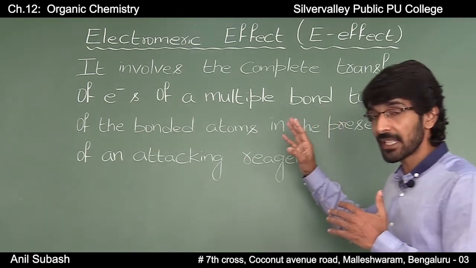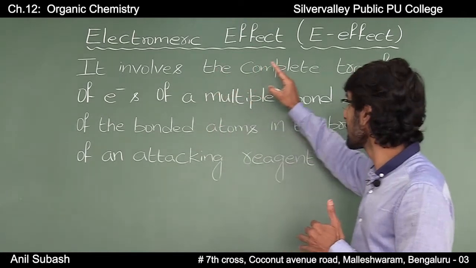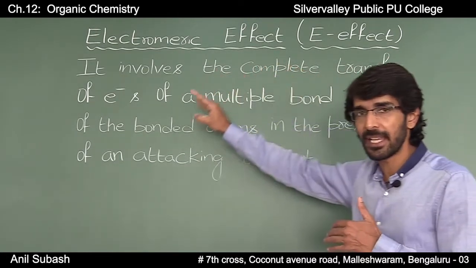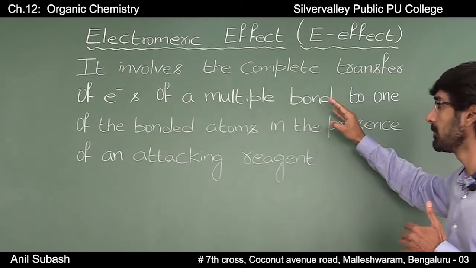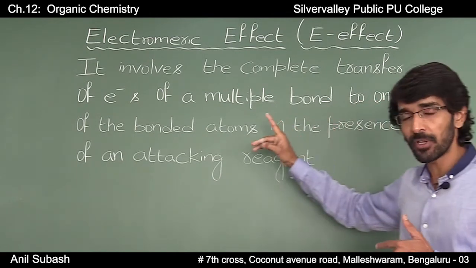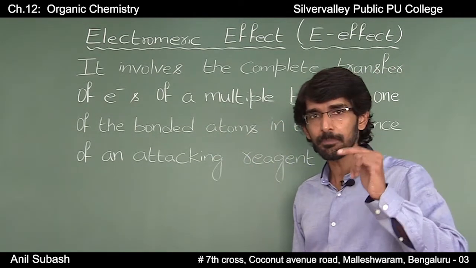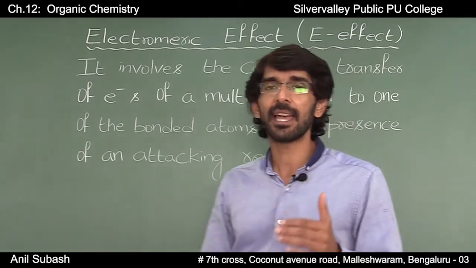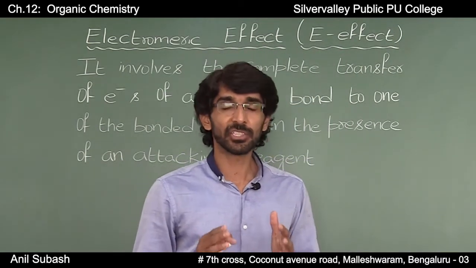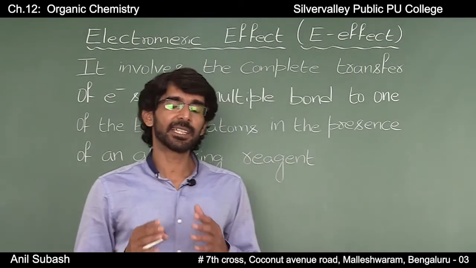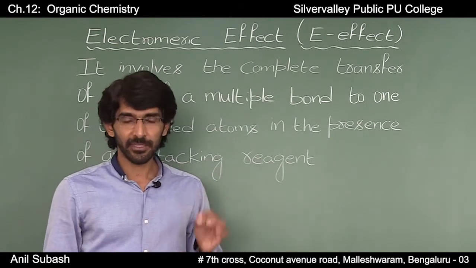So electromeric effect involves the complete transfer of electrons of a multiple bond to one of the bonded atoms in the presence of an attacking reagent, and is called electromeric effect or simply E effect.